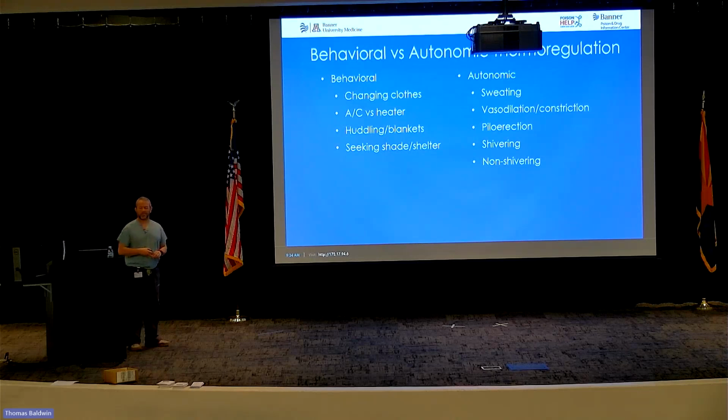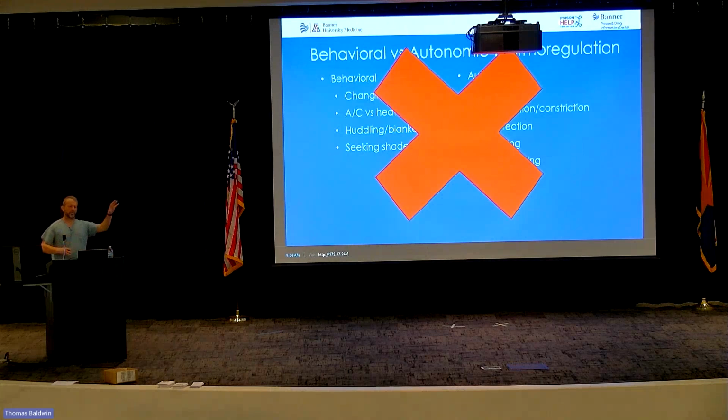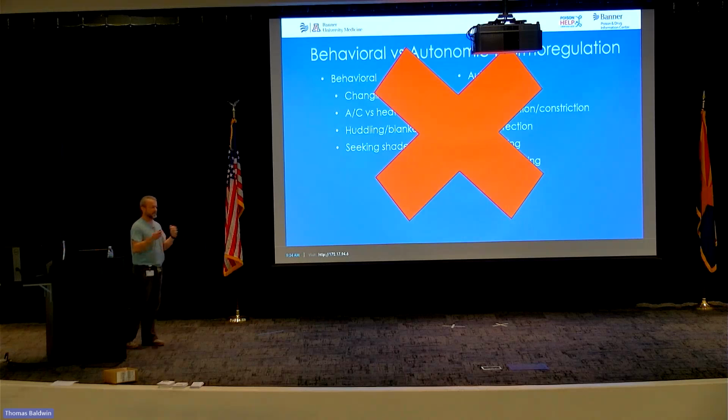This will probably be something from a pharmaceutical standpoint that'll probably eventually make its way into the market, probably in the next 10 to 20 years, probably for weight loss, but just so you're aware of that. But it's really some interruption in one or both of either the behavioral and or autonomic thermoregulatory effects that leads us into discussion of heat-related injury.